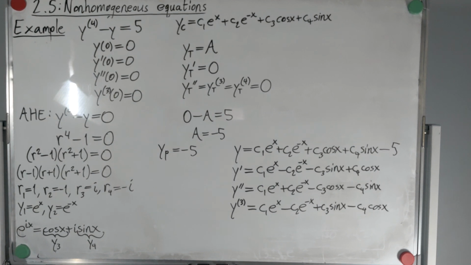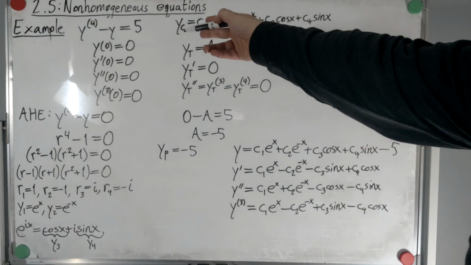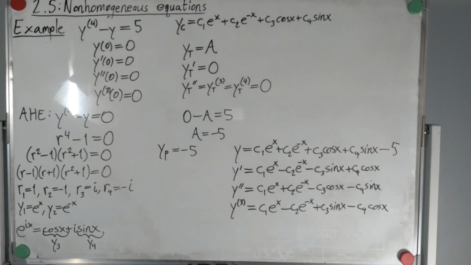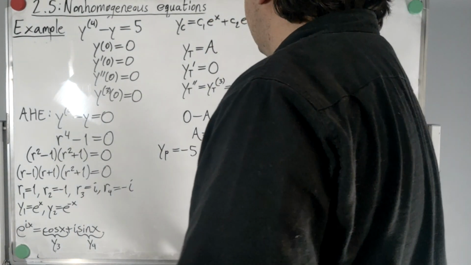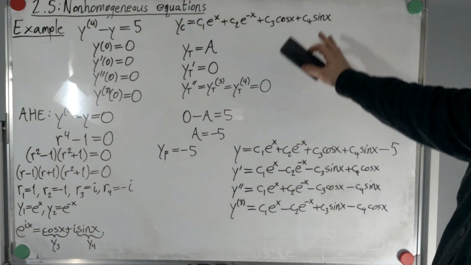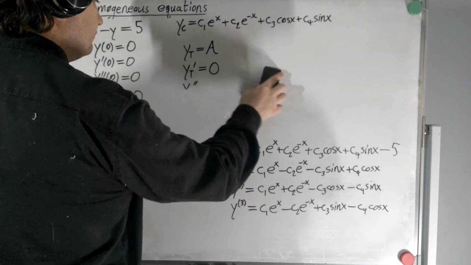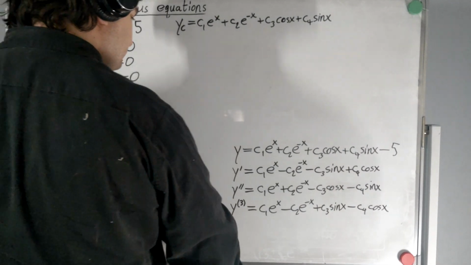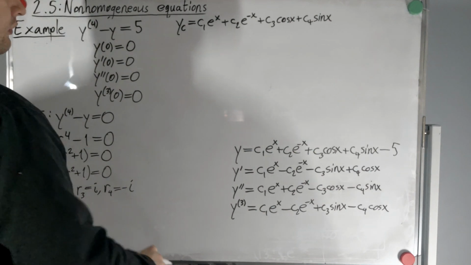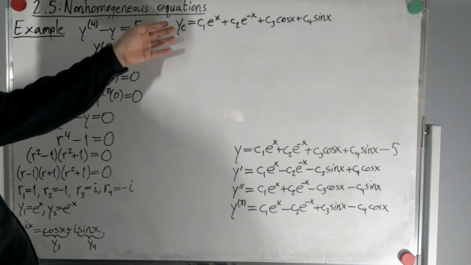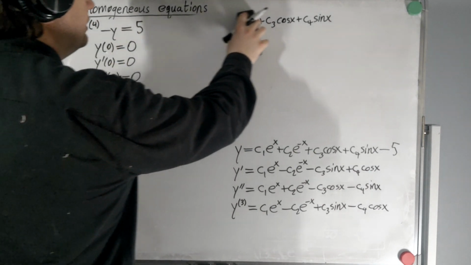So then we can use the initial conditions to set up a system of equations for this. I'm going to erase this part because we no longer need it. And in fact, I'm going to erase this as well.